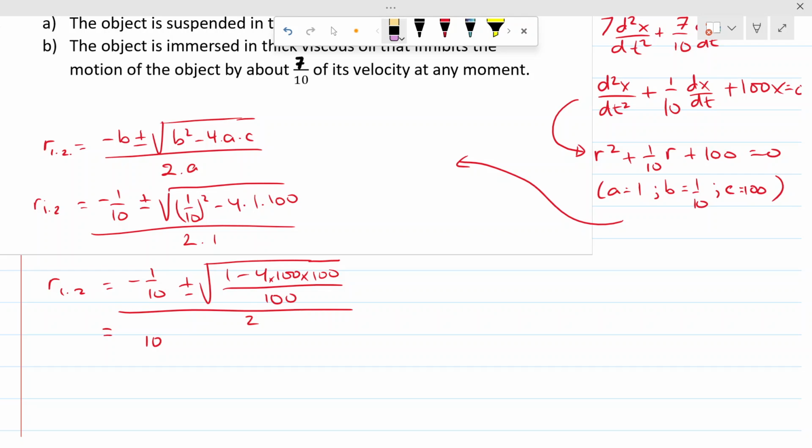One over 10 then becomes 1 over 20, plus or minus the square root of negative 400,000, that is the square root of 400,000 times negative 1, divided by 2.